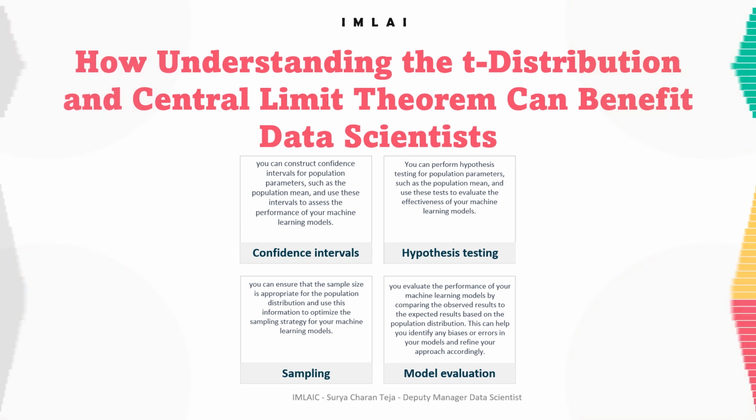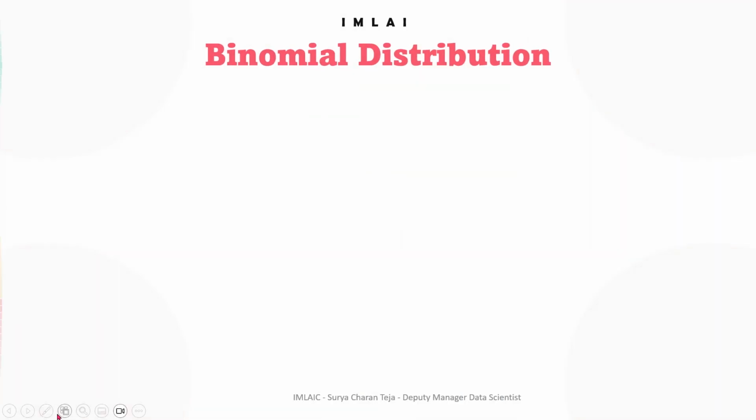Now let's look into the most important distribution for a data scientist, which is the binomial distribution. Before I explain what the binomial distribution is, I would like to give you some brief background.